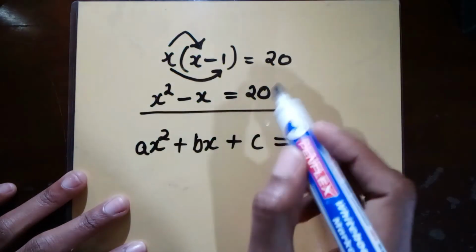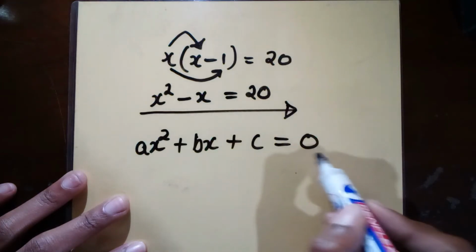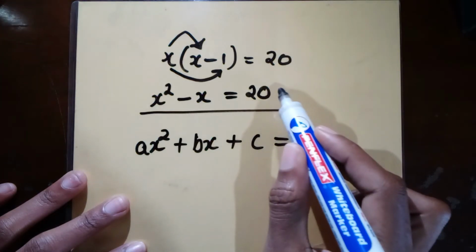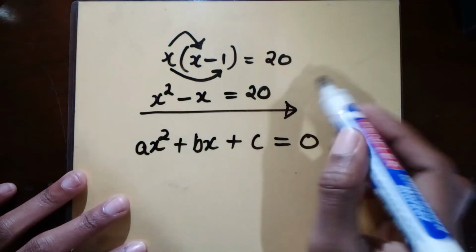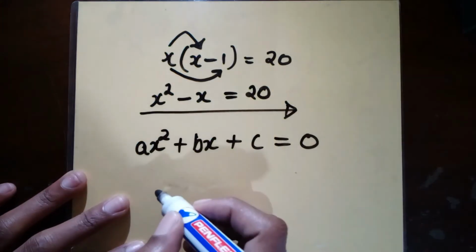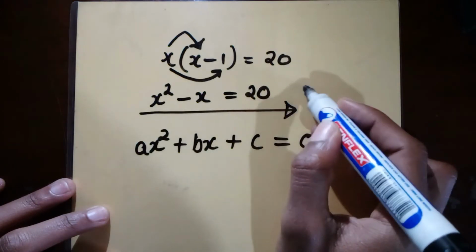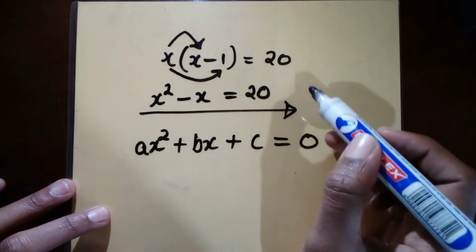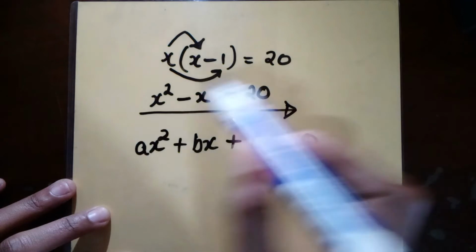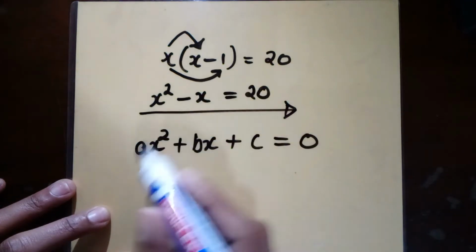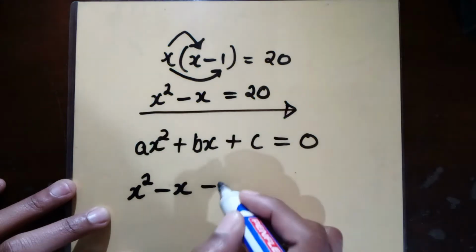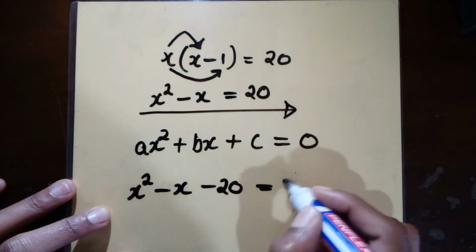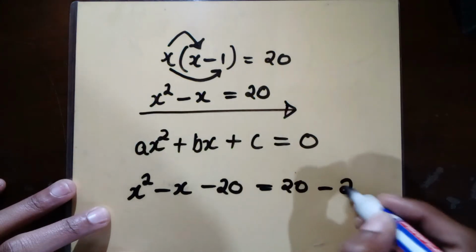This means that to have 0 on the right-hand side, we have to get rid of this 20. But how do we get rid of that 20? We simply subtract 20 on the right-hand side. But remember in maths, what you do on the right-hand side, you must also do on the left-hand side. So we'll have x squared minus x minus 20 equals 20 minus 20.